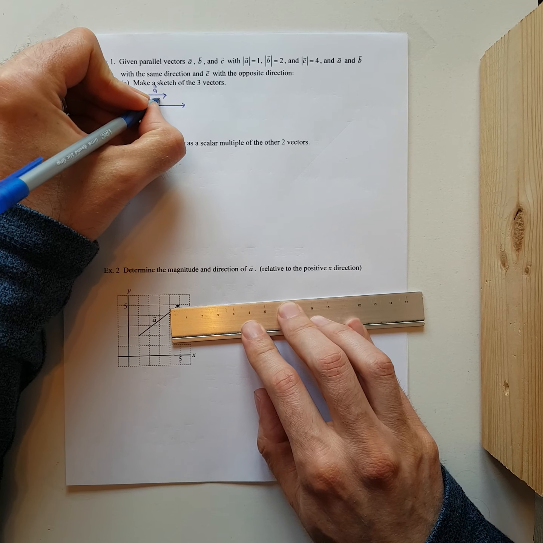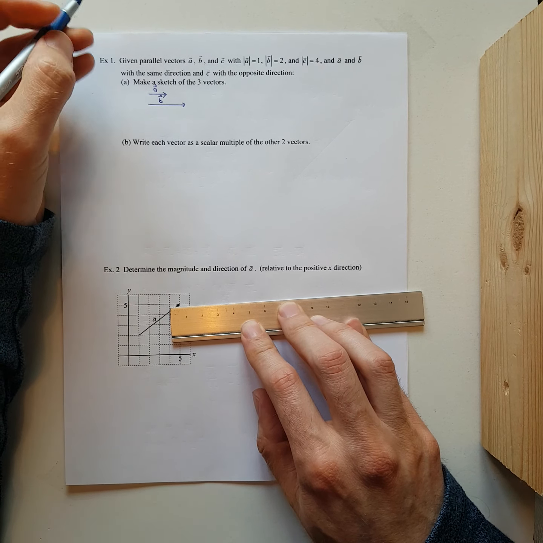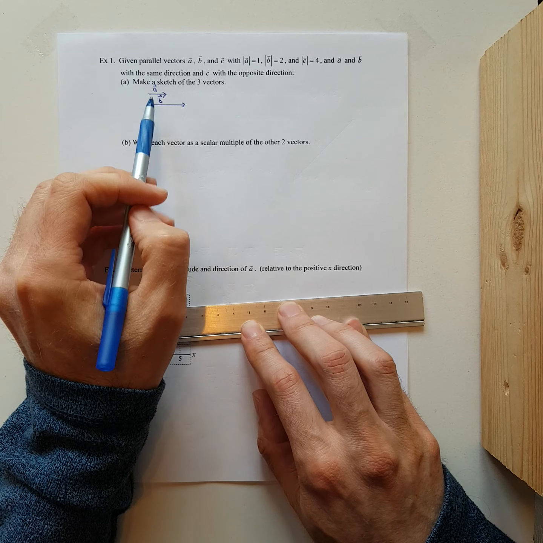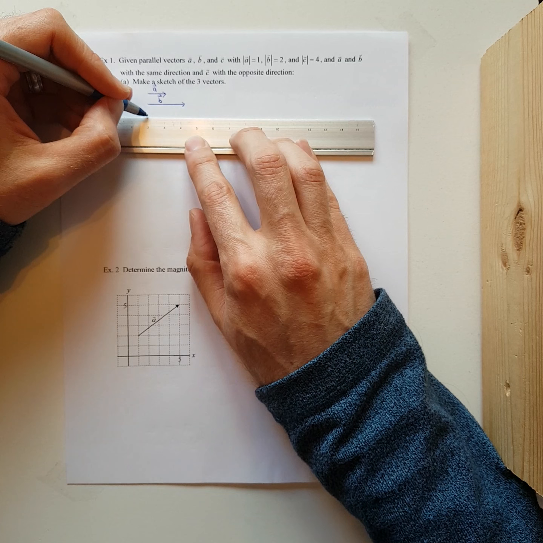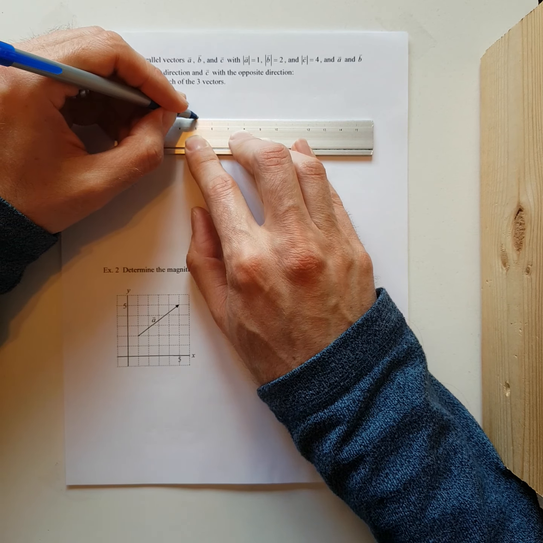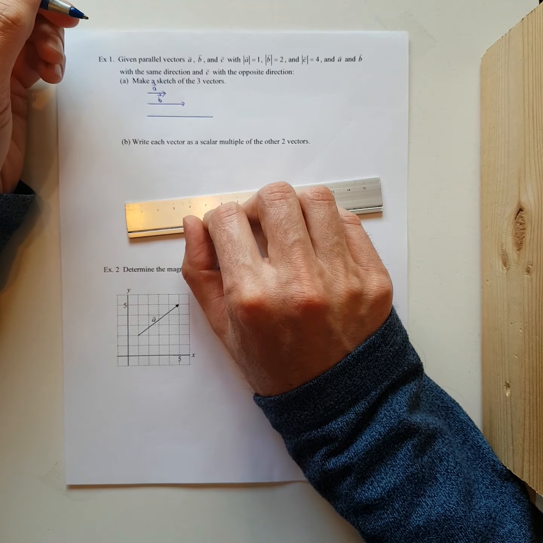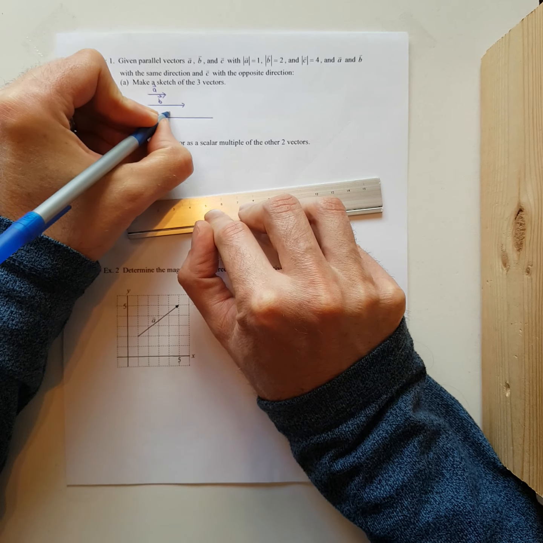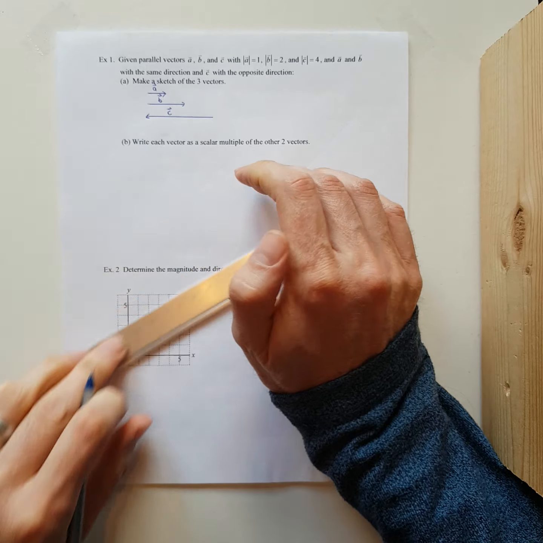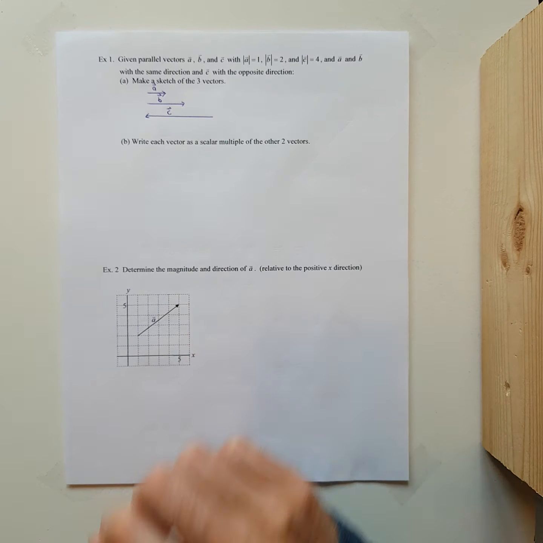So there is vector B, pointing in the same direction. They are parallel to each other with the same direction. And then lastly, I need a vector C, which now has to be 4 units long. So there it is. And this one we need to be careful because it has to point in the opposite direction. So now I'm going to put the arrow on this end and say there is vector C.